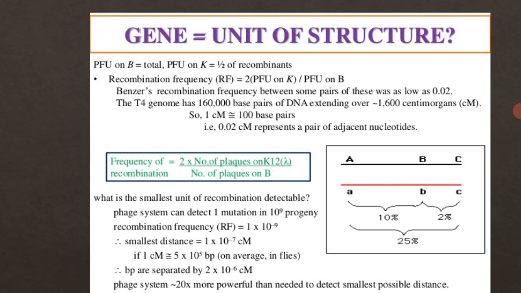We can do this by counting the plaques, which we call plaque forming units, on E. coli B, that is the total plaques, right? And the plaques on K, PFU on K, that is half of the recombinants, okay.